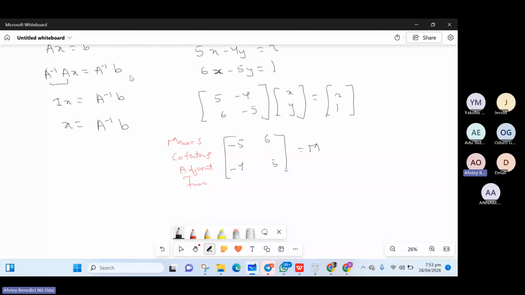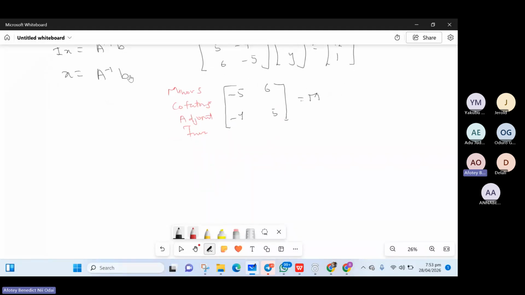This is equal to M. To find the matrix of cofactors, we use the sign pattern plus minus, minus plus, applied to negative 5, 6, negative 4, 5. So the cofactors are negative 5, negative 6, 4, and 5. And this is equal to the matrix of cofactors. We now have to find the adjoint.